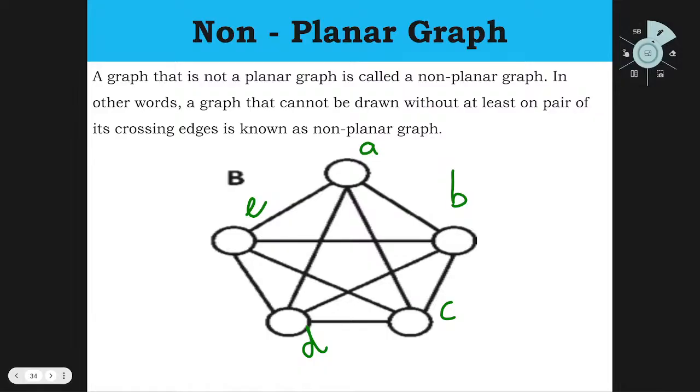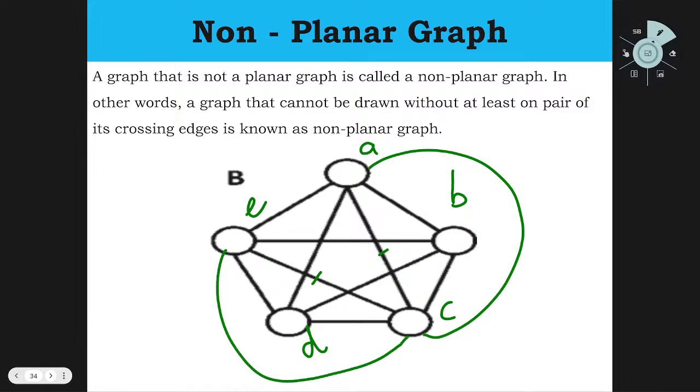Check whether this graph becomes planar or non-planar. See, for example, I'll remove this edge and put it like this. Next I'll remove this edge and put it like this. In spite of that, what happened? See, now is it crossing each other?